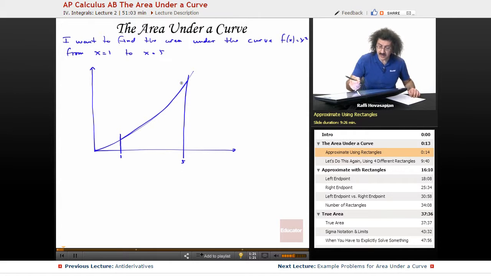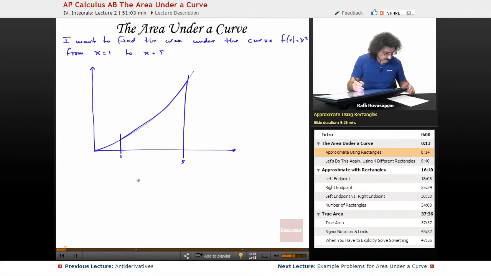How can I do that? Well, what I'm basically going to do is approximate it first with rectangles because I have a formula for finding the area of a rectangle. It's just base times the height. So I'm going to draw a bunch of rectangles approximating it that way.